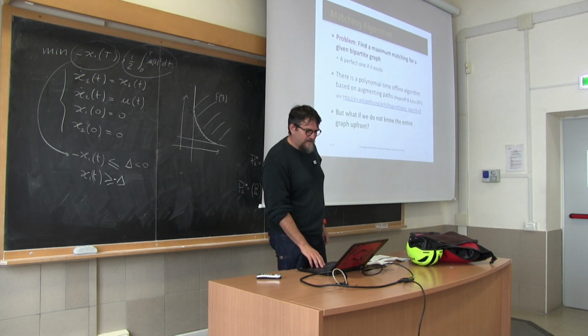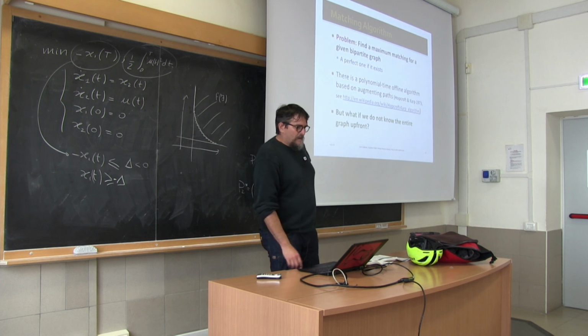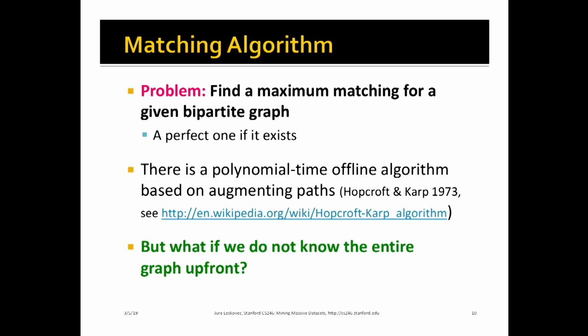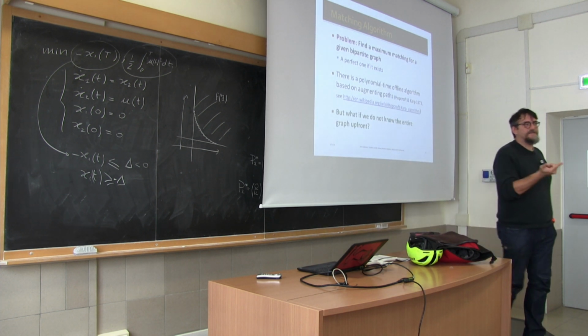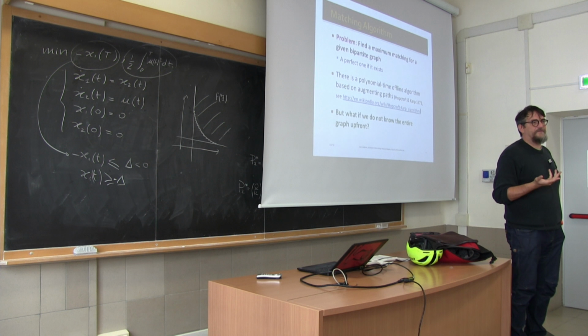Now, this problem clearly has an offline solution, but we are more interested in an online solution, because as we said before, the new queries are not known in advance, right?